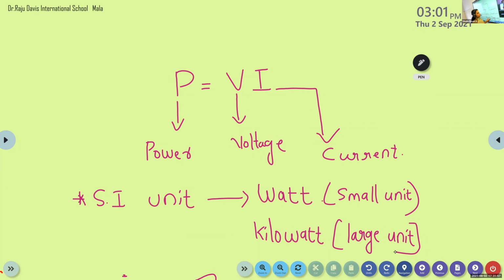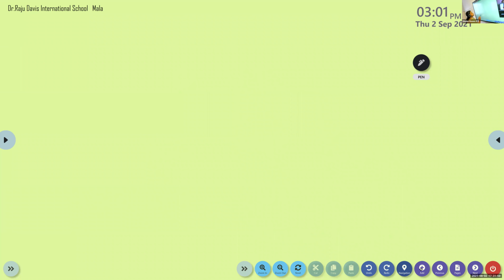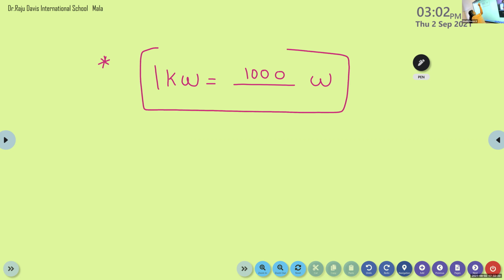And what is the relation between watt and kilowatt? 1 kilowatt is equal to 1000 watts. Very good. This relation is necessary for doing the numericals.